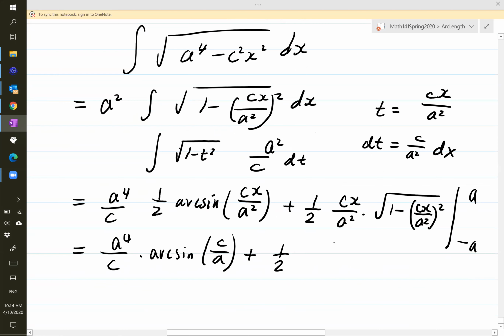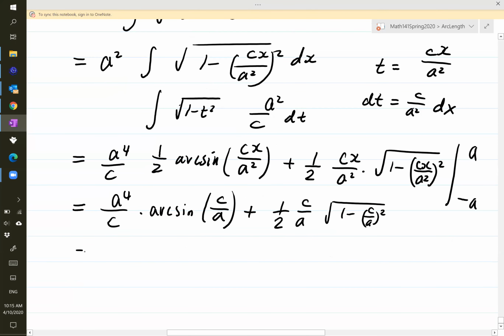X is a, so this is a times c over a times y minus c over a squared. Okay. So it's a to the power 4 over c times the arcsine of e. So this number e is not the natural base of the natural log.